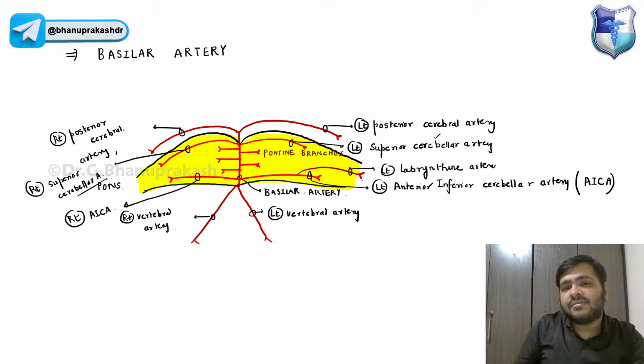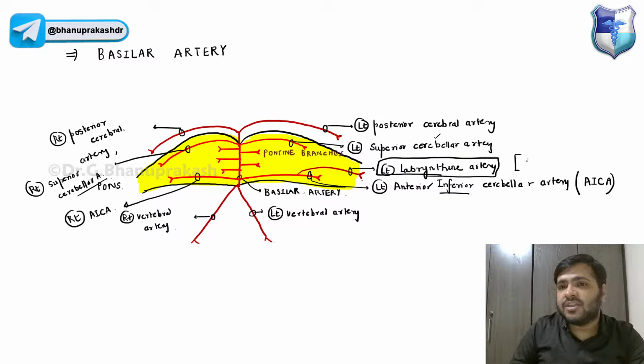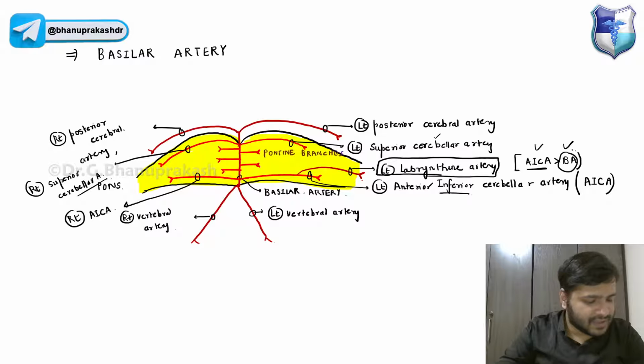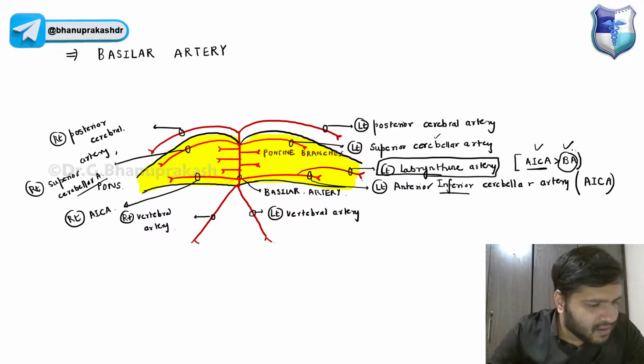Guys, this is what the majority of books say, that it comes from the anterior inferior cerebellar artery. But if it is not mentioned in the question, please go with the basilar artery directly. The best answer, the labyrinthine artery, is coming from the anterior inferior cerebellar artery. But if that is not in the options, go with the basilar artery, guys.